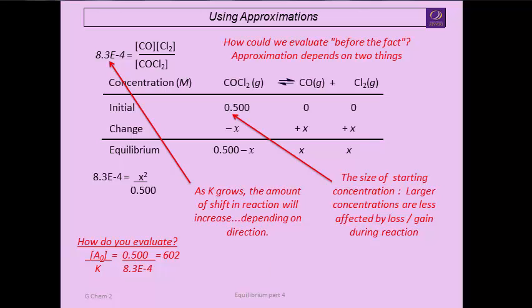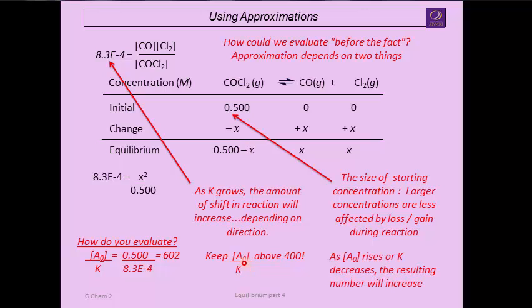And you can imagine there's some play on this depending on the power to which the concentration is raised. It's a good rule of thumb, and it seems to work fairly consistently. That division of original starting concentration divided by the equilibrium constant, if that ends up above 400, you can use this same approximation. And within the precision of the change, that would still be accurate.